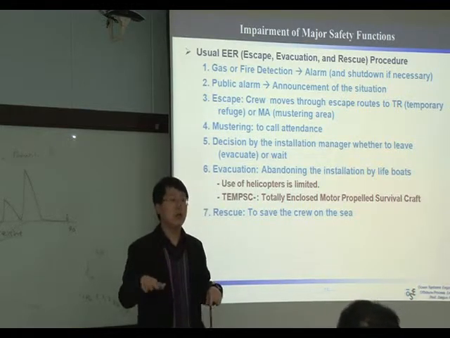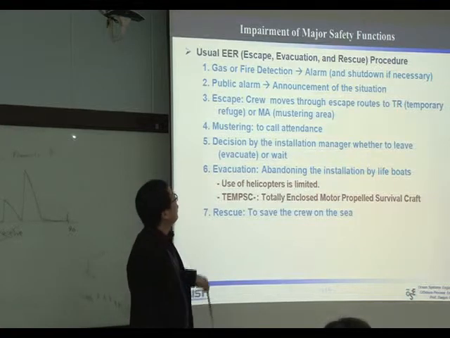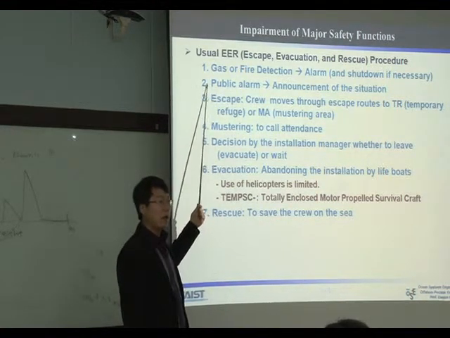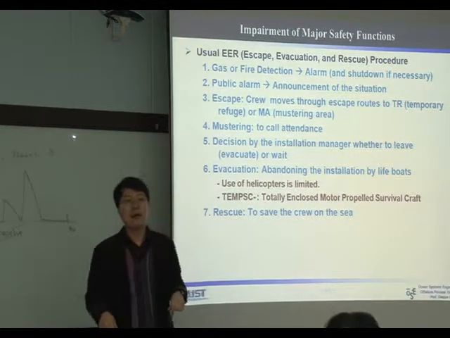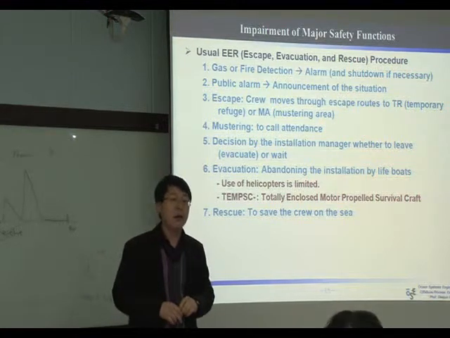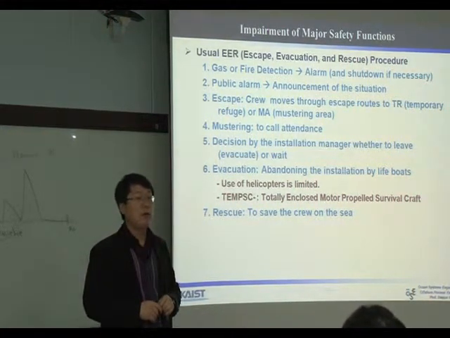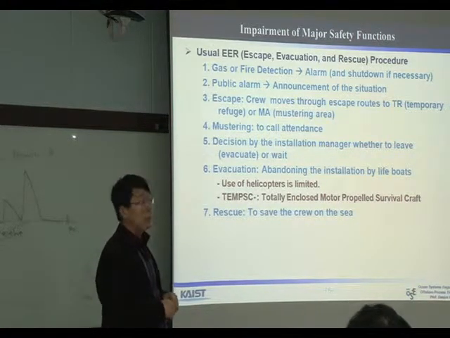One may be to shut down the plant because there is fire and gas. The next step is the public alarm. So the public alarm is like this. There is a fire at the restroom on the third floor, so everybody should go to the safe place.